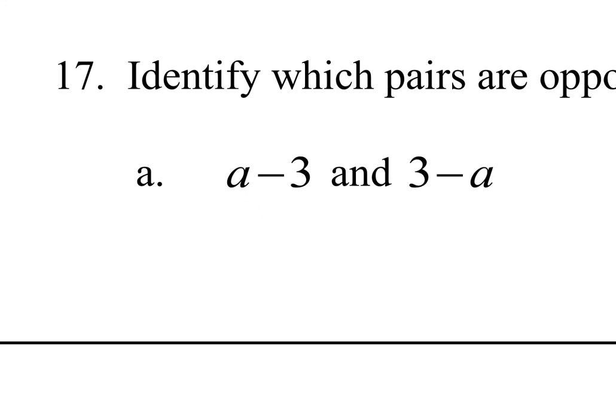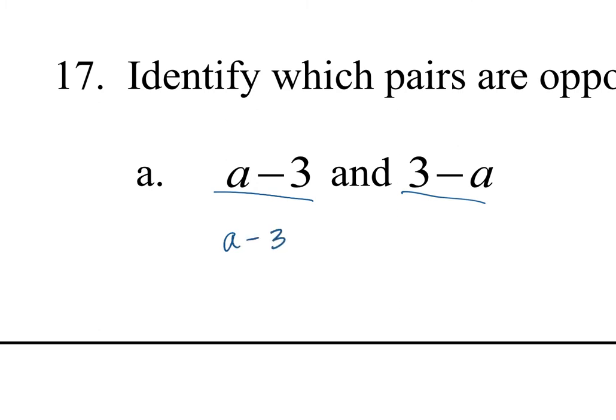17 has 3 parts to it, but it's wanting us to identify whether these pairs are opposites. What I'm going to do, I'm going to write the variable portion in the front and just the number in the back. So a minus 3, it's already set up like that.